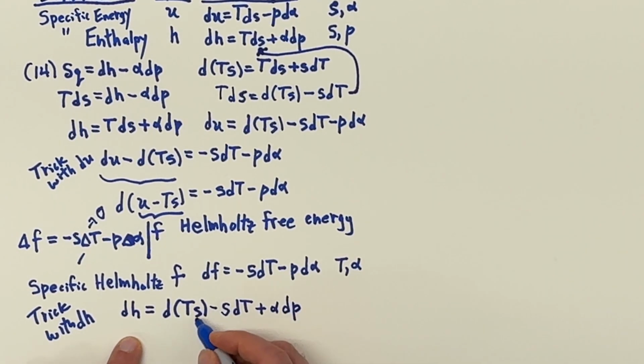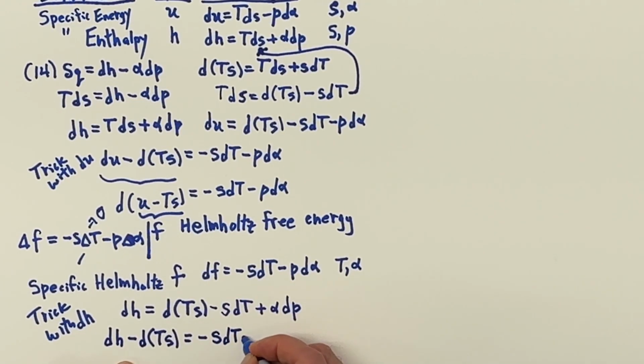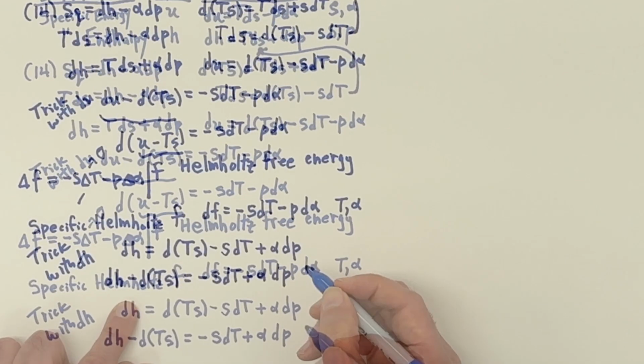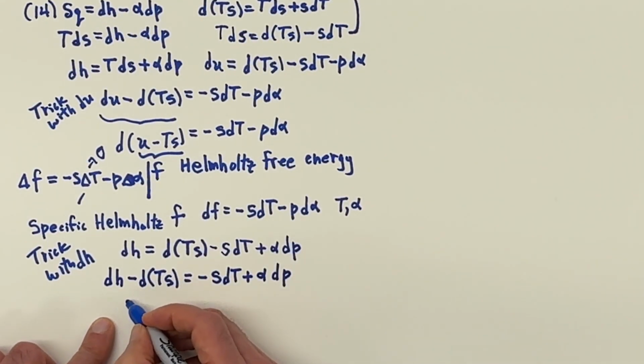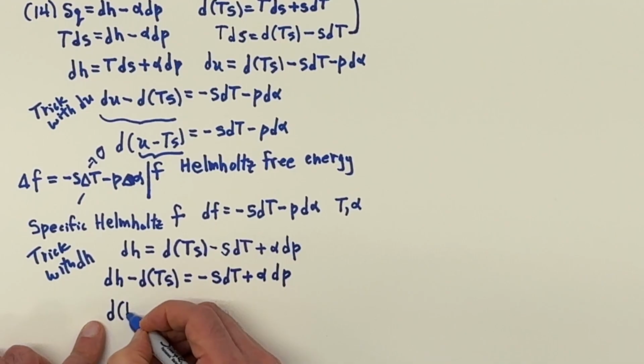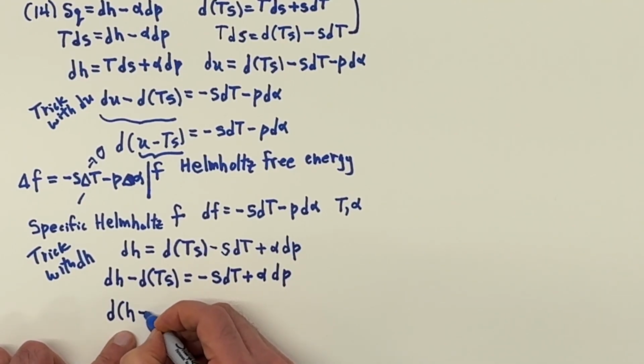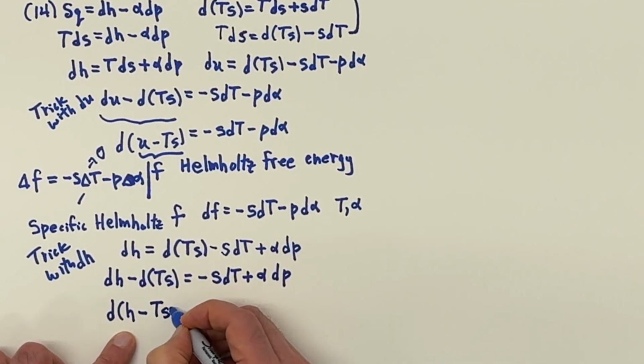Now we're going to subtract, as we did before, this differential of the product. And then we're going to look at this as dH minus TS.